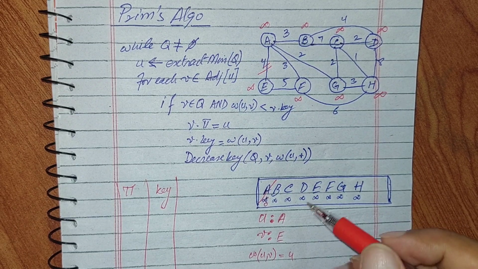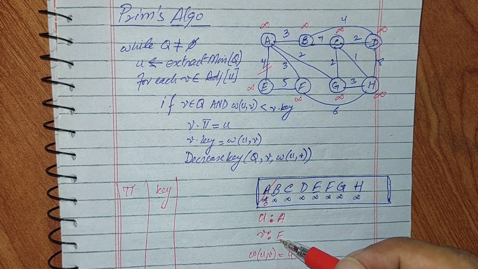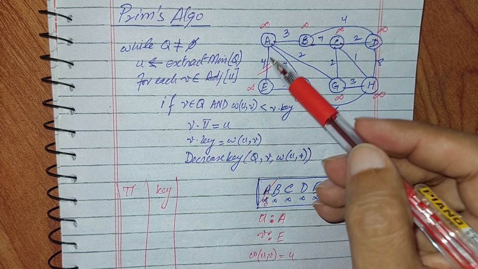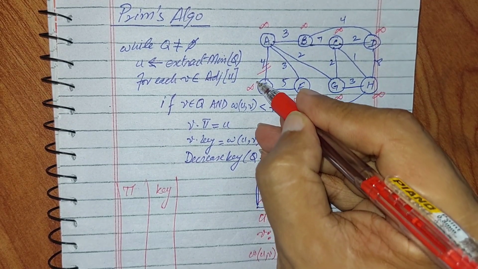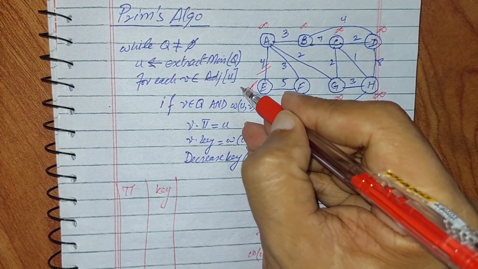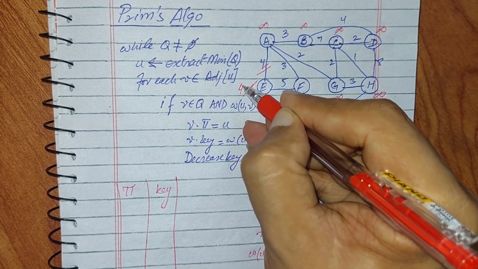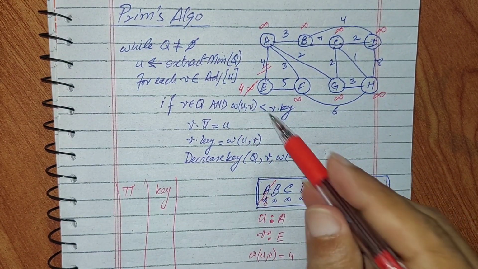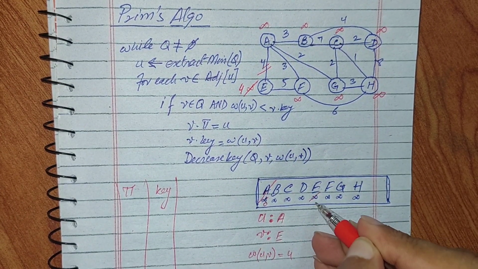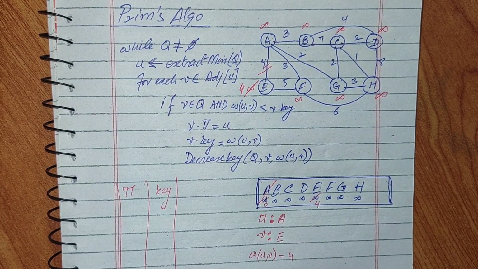So the weight of E is decreased to what? The weight of the edge, so that is 4. So it is crossed out and the new weight is 4. So that means the weight of E is now 4.